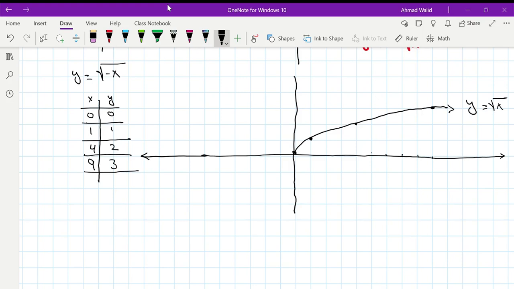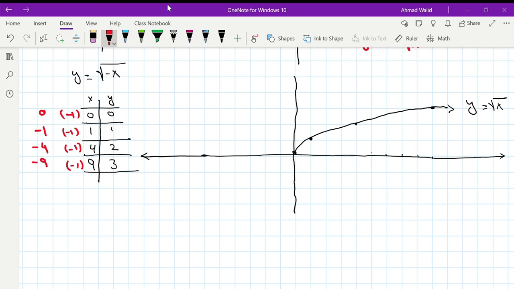Now, reflection, when I do reflection, do this. When you reflect your graph about the y-axis, multiply the x column with -1, okay? And see what are the new values. 0, -1, -4, and -9.